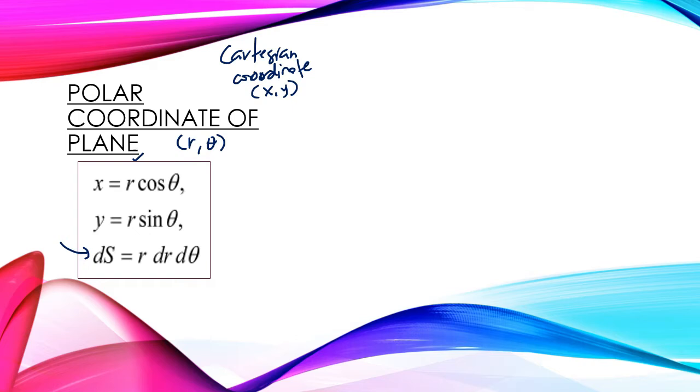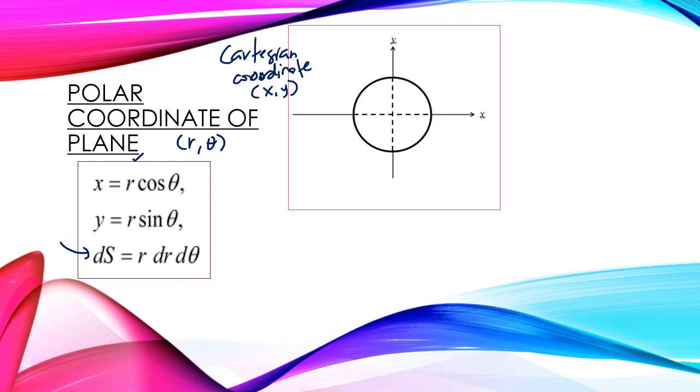So let us see, this is a circle where you know that the general equation of the circle is x squared plus y squared equal to r squared. This is the general equation of a circle, where the radius is from the origin to the circumference. So the r here will be replaced by this value.